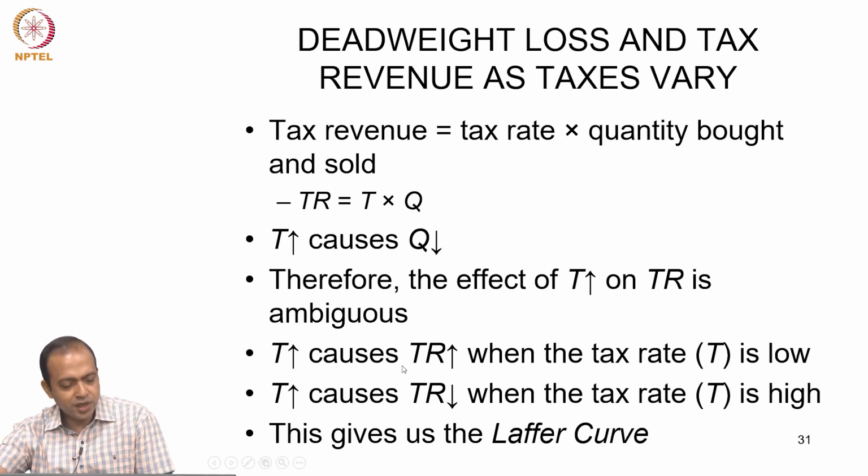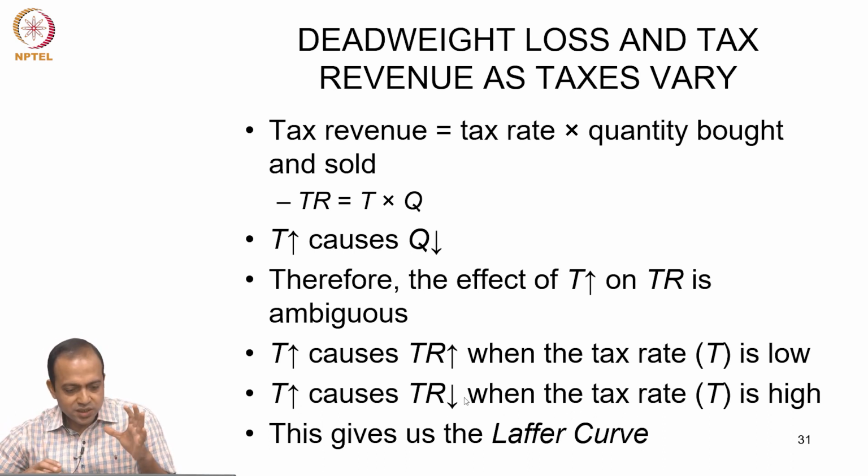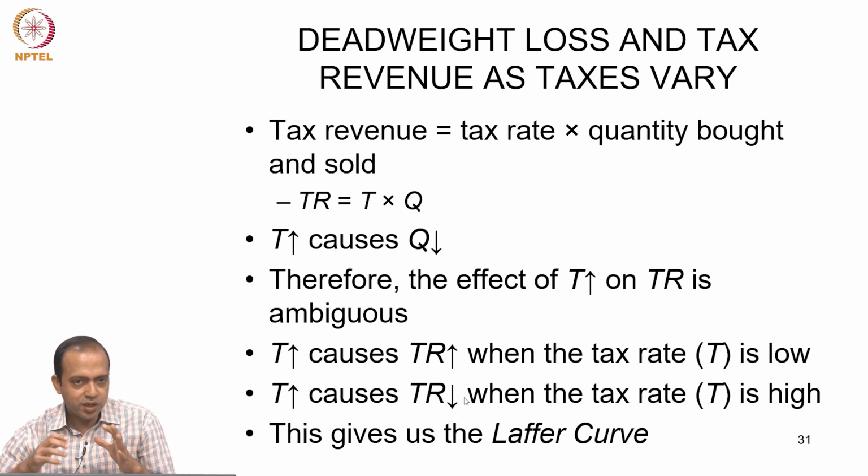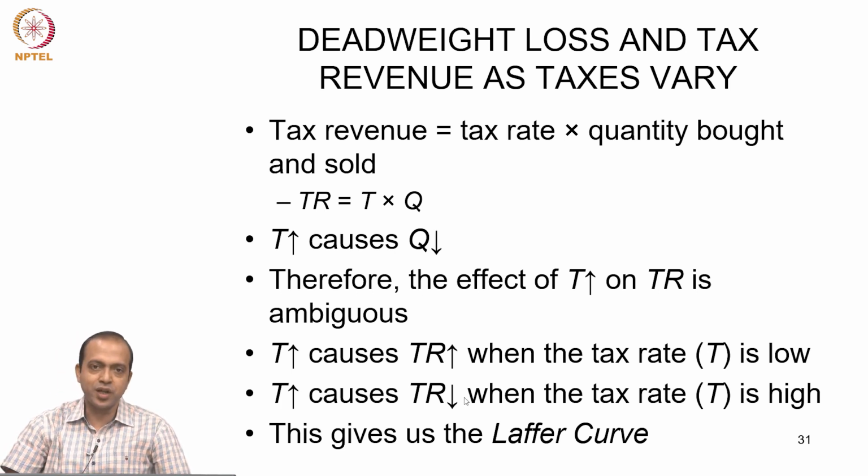An increase in T causes TR to increase when the tax rate is low, as we have seen in the diagram. But when the tax rate is higher, then total revenue is falling. Okay? And this is the relationship given by the famous economist Laffer, and that is known as the Laffer curve.